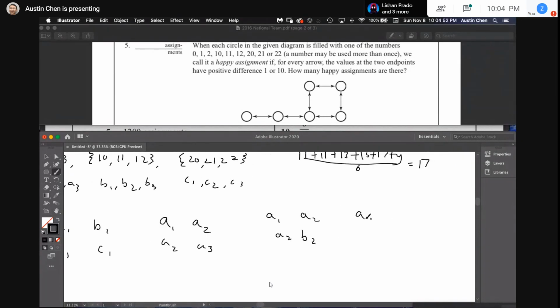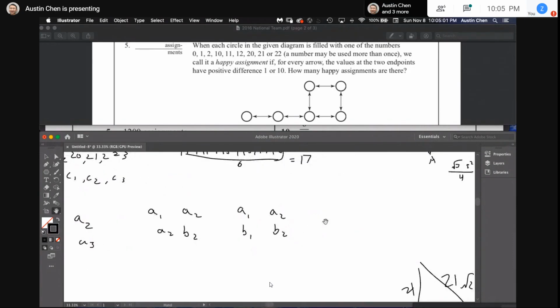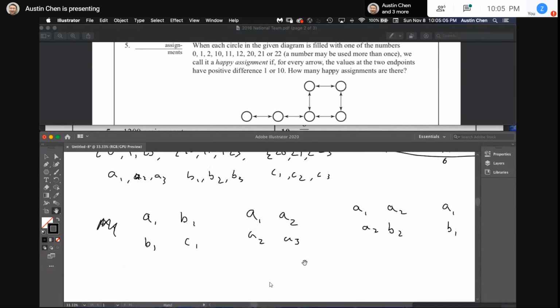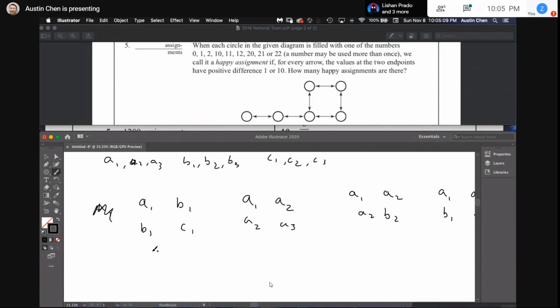Or go to A2, B2, but instead go to B1 and then A1. Oh yeah, we could also go A1, B1, B2, A2, A1.